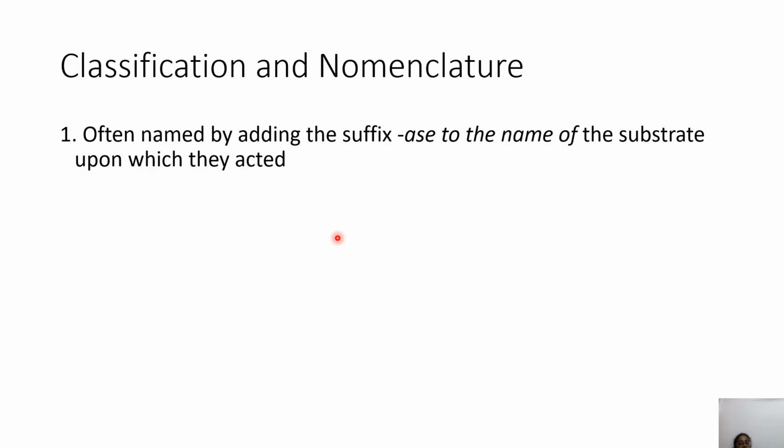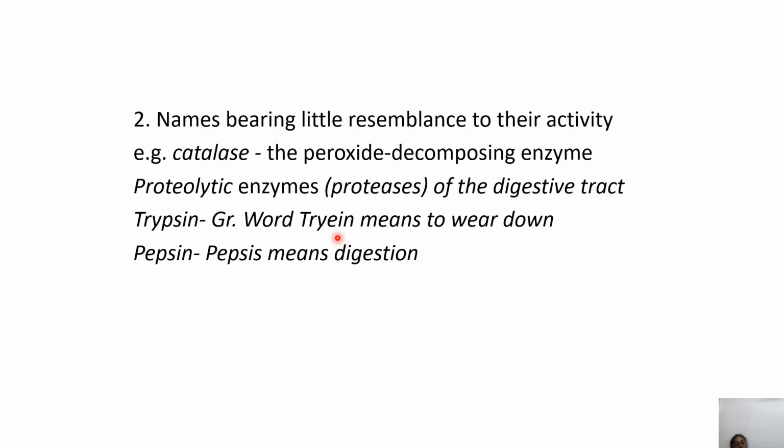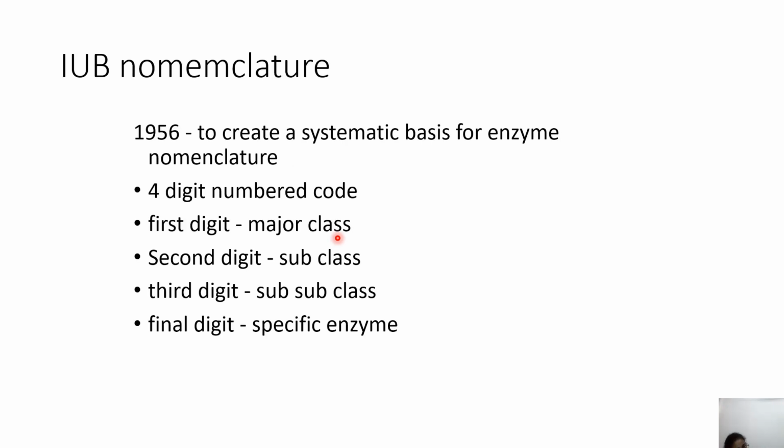So we will now go into classification. Enzymes are often named by adding the suffix -ase to the name of the substrate upon which they act. Some names bear little resemblance to their activity, like catalase, a peroxide-decomposing enzyme.